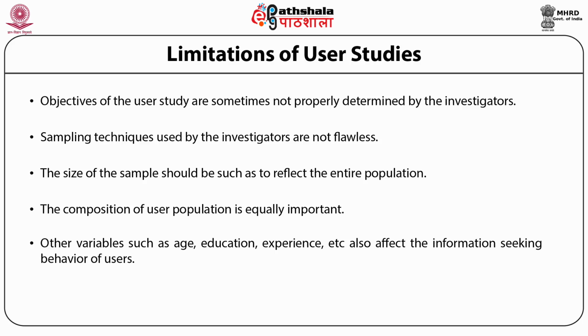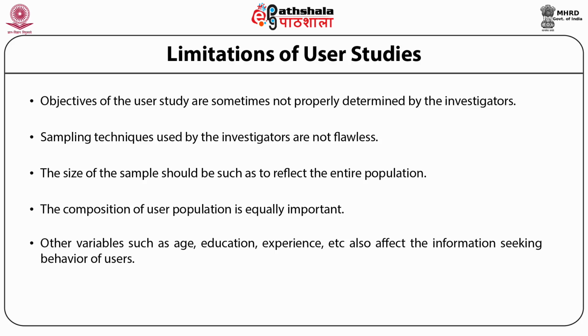These include the age of the users. On the one hand, from the public library point of view, there could be children, school-going children. On the other hand, there will be a housewife or a retired person. The education of users, again, is another variable which should be taken care of.